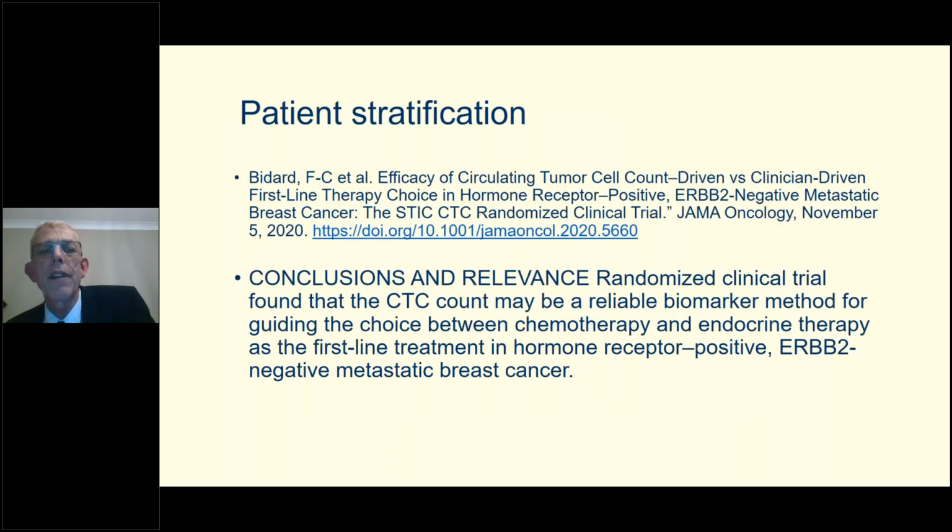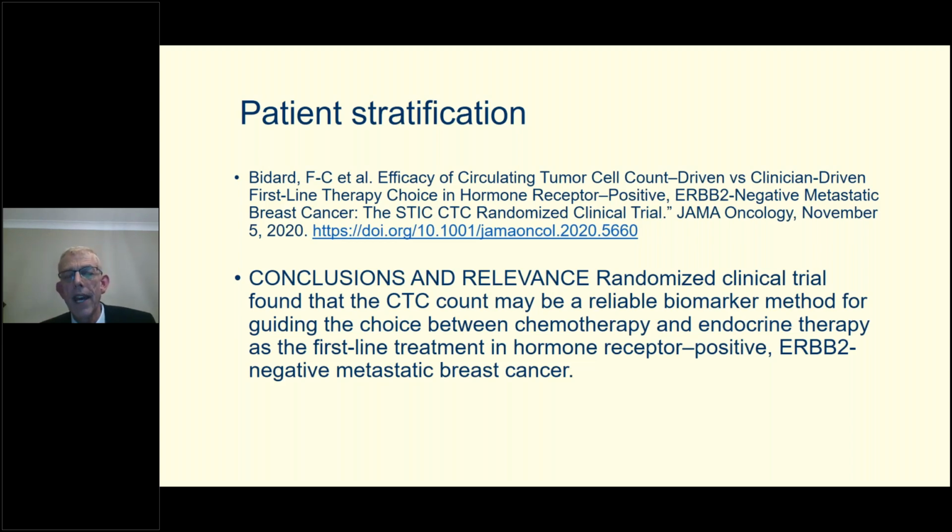So in terms of patient stratification, a recent publication just a number of weeks ago from the CTC randomized trial was basically demonstrating that it might be possible to use CTC cells to evaluate whether a patient should be given either chemotherapy or endocrine therapy as a first-line treatment in hormone receptor positive, ERBB2 negative metastatic breast cancer.